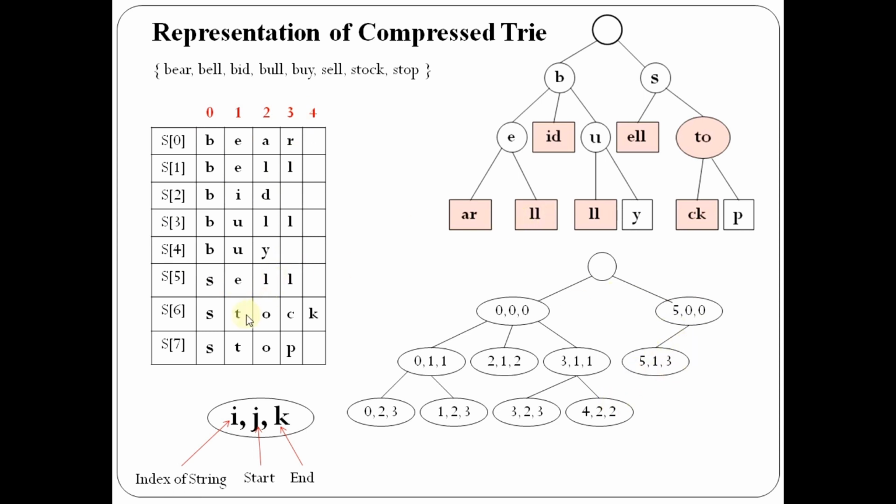Next is for TO. For TO, it is 6, 1, 2. That is string 6 starts from 1 and ends at 2. For CK, string is 6, starting is 3, ending is 4. So 6, 3, 4. And for P, the index of string is 7, starting position is 3, ending position is 3. So I have written here 7, 3, 3.